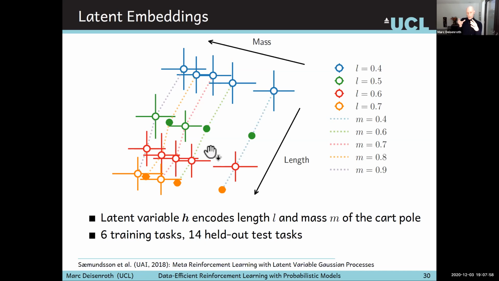So we can use these task embeddings to also figure out which tasks are similar to each other, and then maybe exploit that to find some mechanism to cover a larger part of the configuration space of possible configurations of the cart-pole system, or in general the problem at hand.